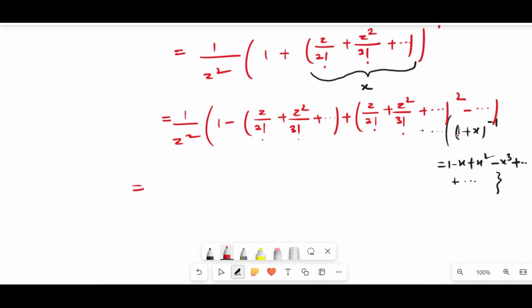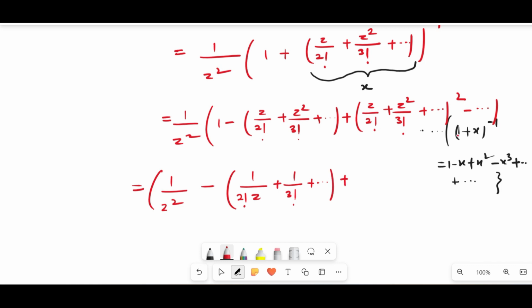And now divide the whole bracket by z square. It will give 1 by z square, then 1 by 2 factorial multiplied by z, that is 1 by 3 factorial plus dot dot dot.